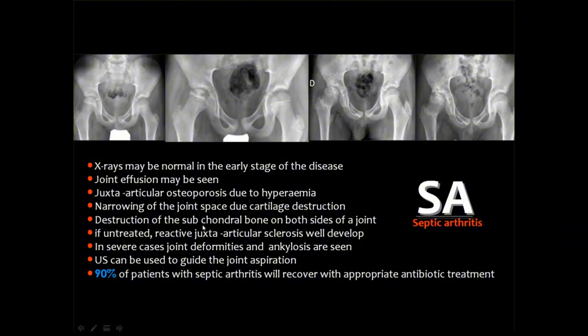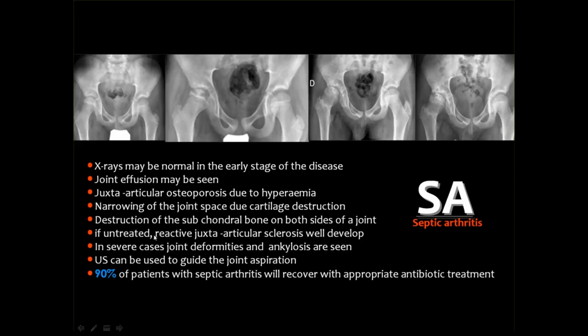Then, followed by cartilage destruction, there is destruction of the cortical bone, and you get erosive changes on both articular surfaces of the joint, in the acetabulum as well as in the femoral head.